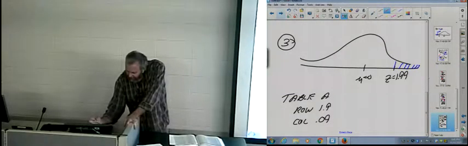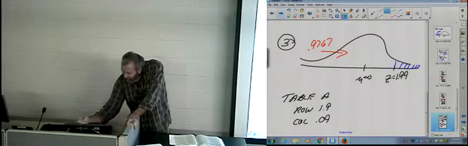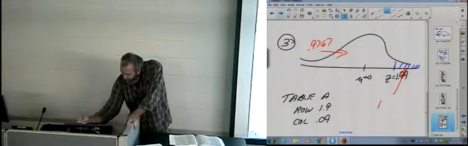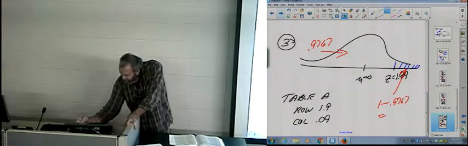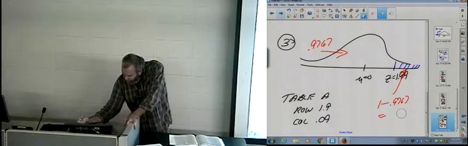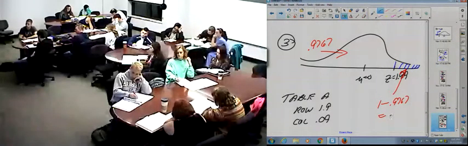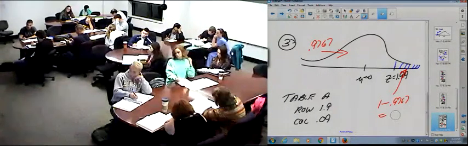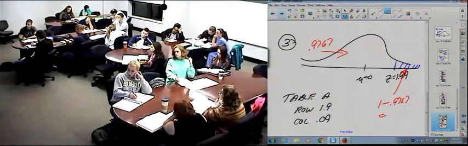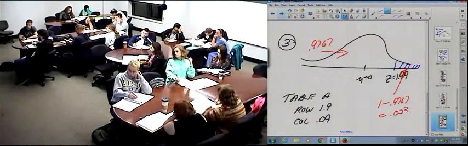It's going to tell me the area to the left. Is that the 0.97 something? What did you say, 0.9767? So if I want this one, it's 1 minus 0.9767, which is 0.0233.